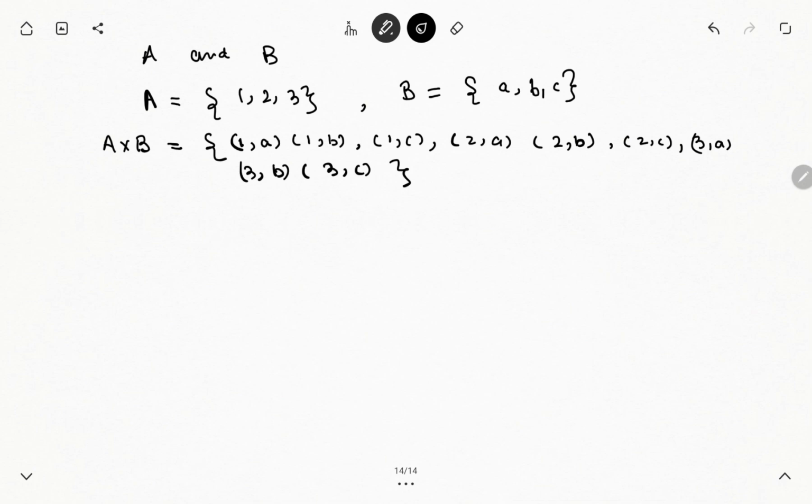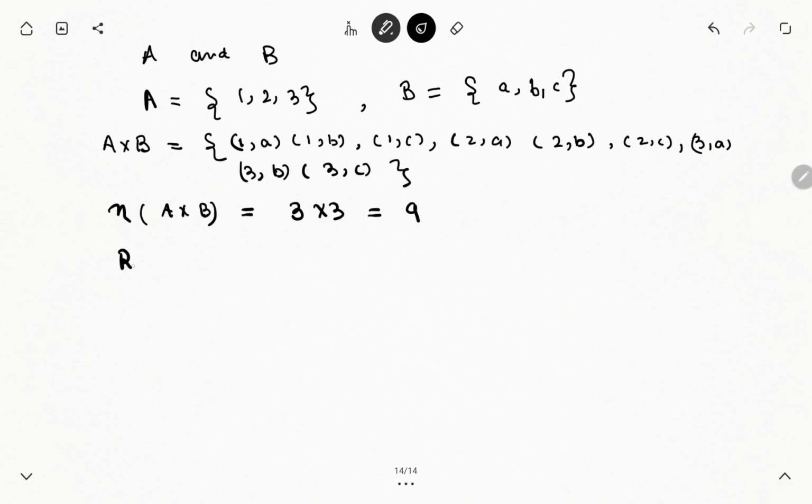Right? So to know the cardinal number of the set A cross B, you have to check how many elements were in A, 3, and B, 3. So total number will be 9. This is about the Cartesian product set.